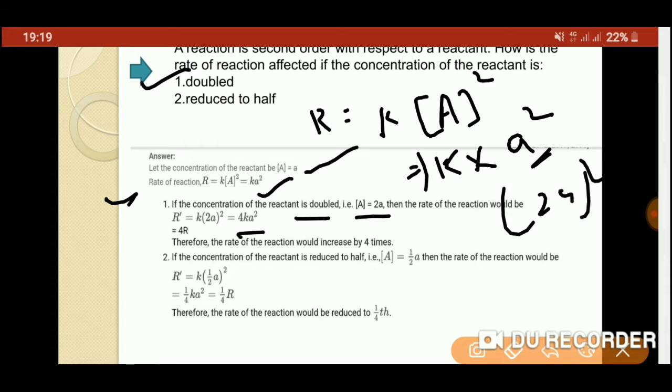In this 4Ka square you know that the value of Ka square is related to R, so in the place of Ka square you can put R. It means that Ka square is replaced by capital R as equation number 1. So you will get R dash is equal to 4R.